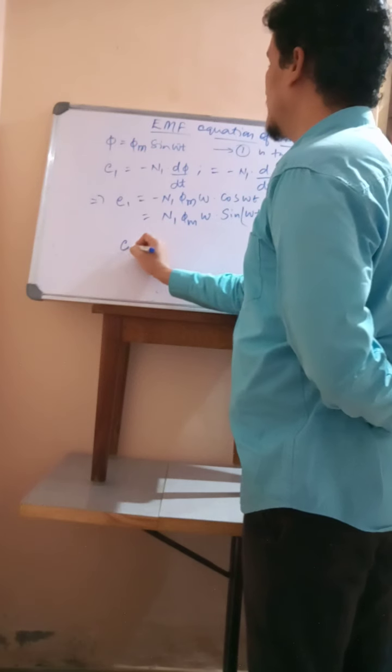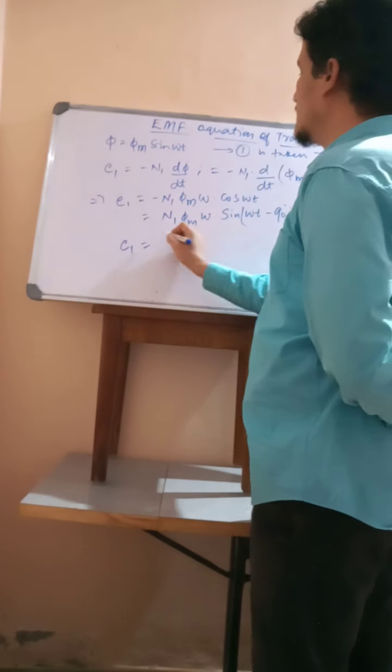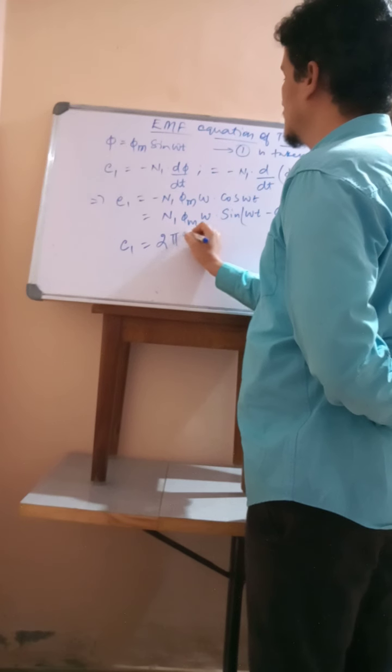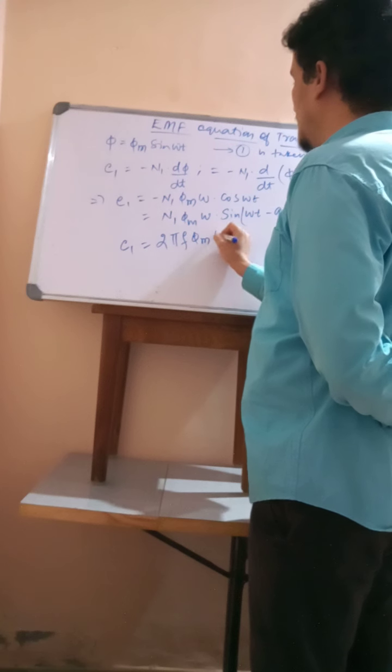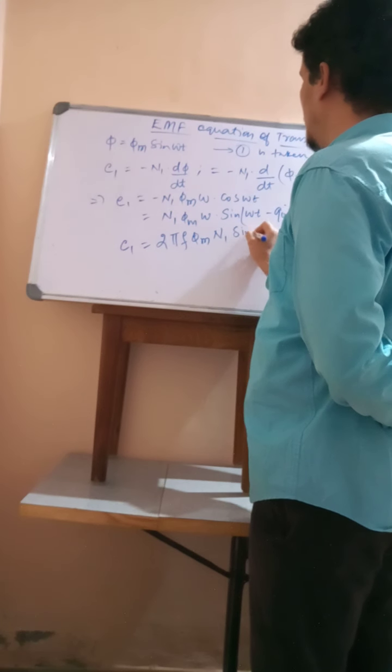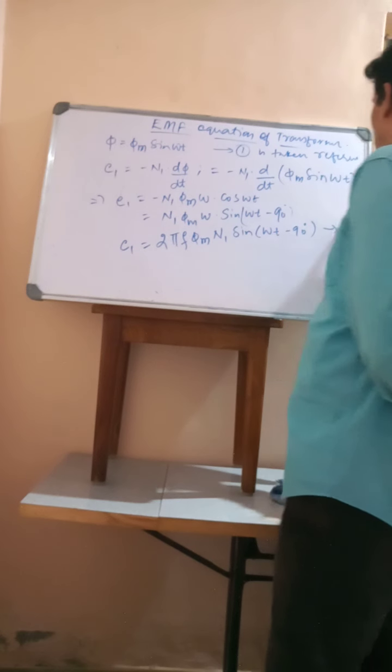So overall I can write like this: e1 is equal to, in place of omega I am writing 2 pi f, phi m N1 sin omega t minus 90 degree. I will mark this as equation number 2.